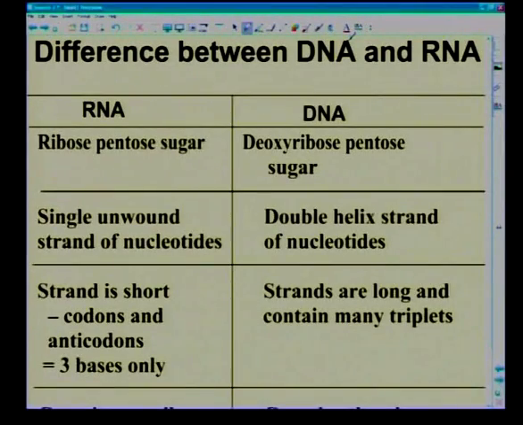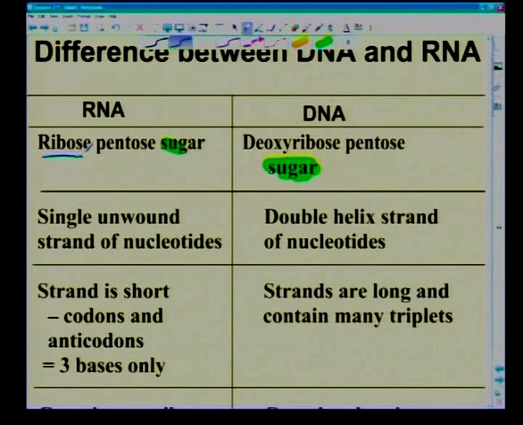RNA versus DNA. First thing we're going to look at is the sugar. So what have we got? Here we have a ribose sugar, and here we have a deoxyribose sugar. Deoxy, it's lost an oxygen. So ribose sugar, deoxyribose sugar.